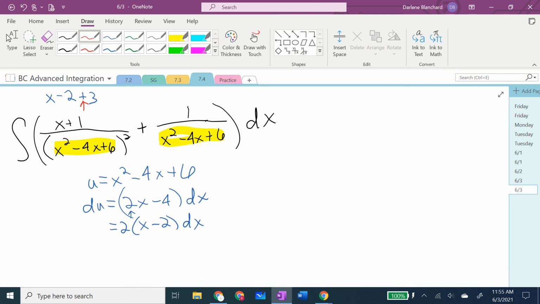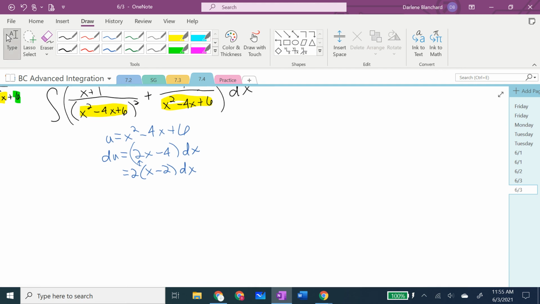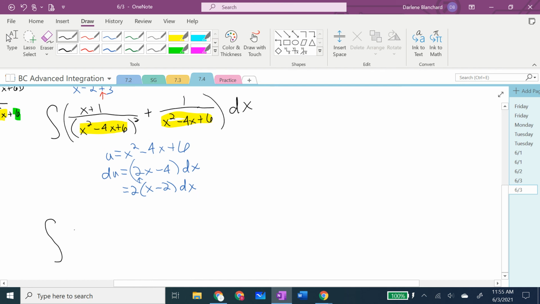So I'm going to now rewrite that I am solving the integral of x minus 2 over that business squared plus 3 over that business squared.